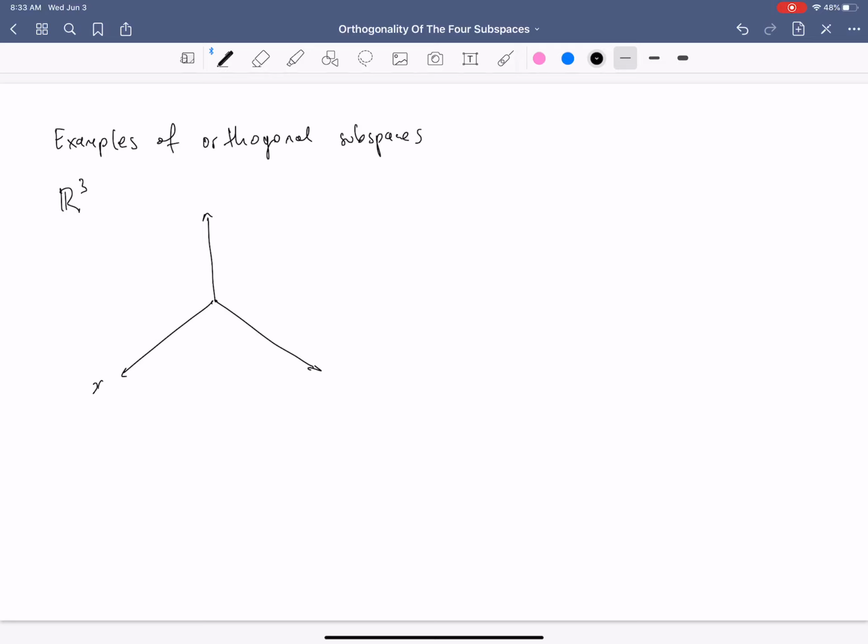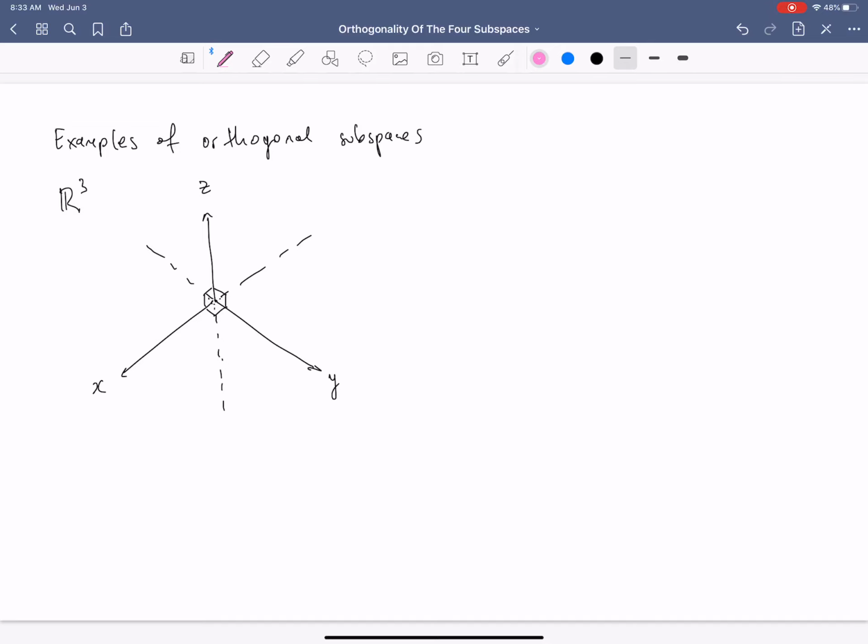Let's say this is the x-axis, and that's the y-axis, and that's the z-axis. And all of these are orthogonal to each other. And of course, z continues down, right? We have these continuing to infinity. So what here would be orthogonal subspaces? Well, we know that any plane through the origin is a subspace in R3. And we know that any line going through the origin is a subspace in R3.